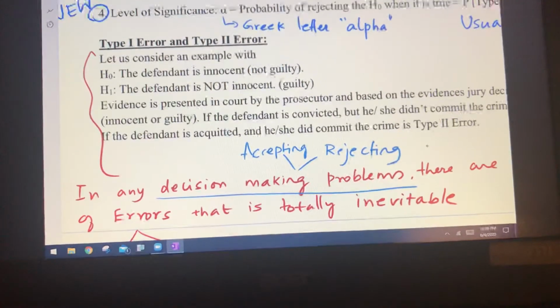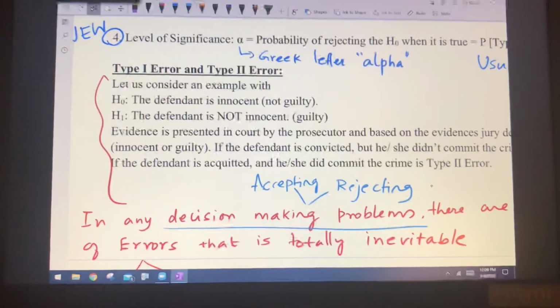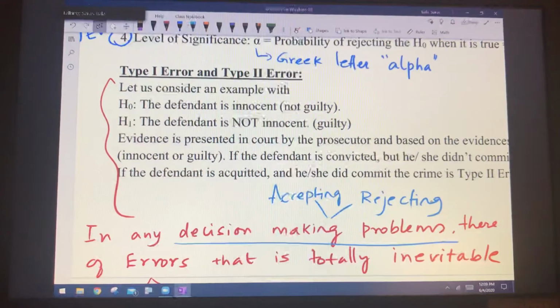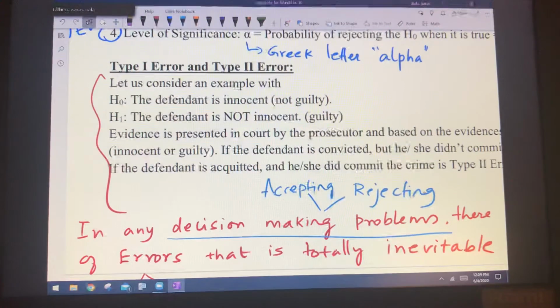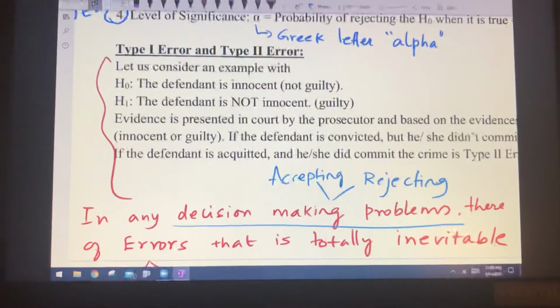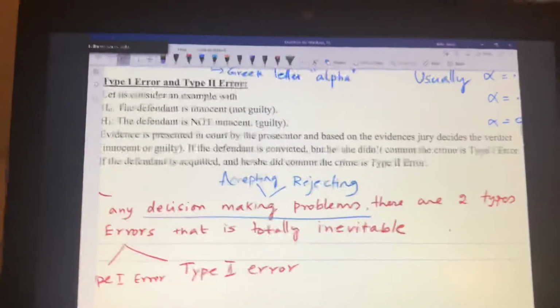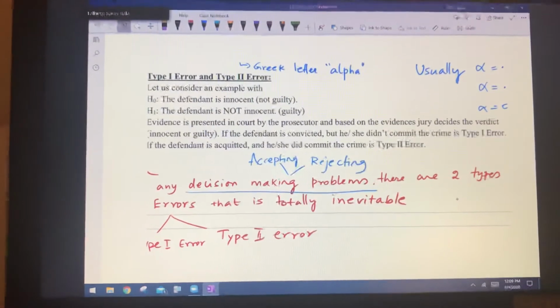The defendant is innocent, not guilty, versus the statement H1, the defendant is not innocent, he is guilty. The evidences are presented in the court by the prosecutor, and based on the evidences, the jury decides the verdict whether innocent or guilty.